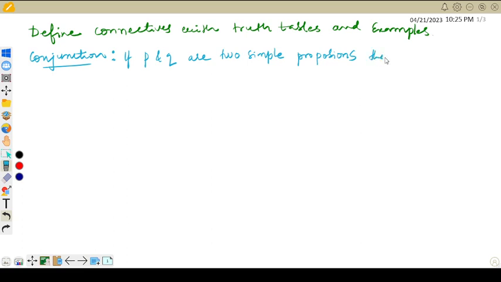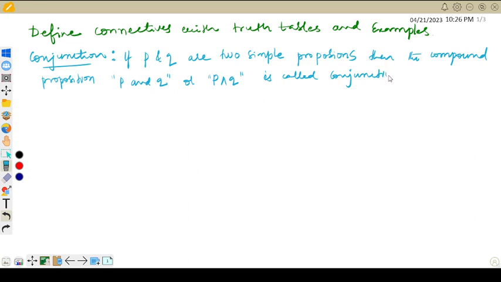Then the compound proposition p and q, symbolically written as p and q, is called the conjunction of two propositions.